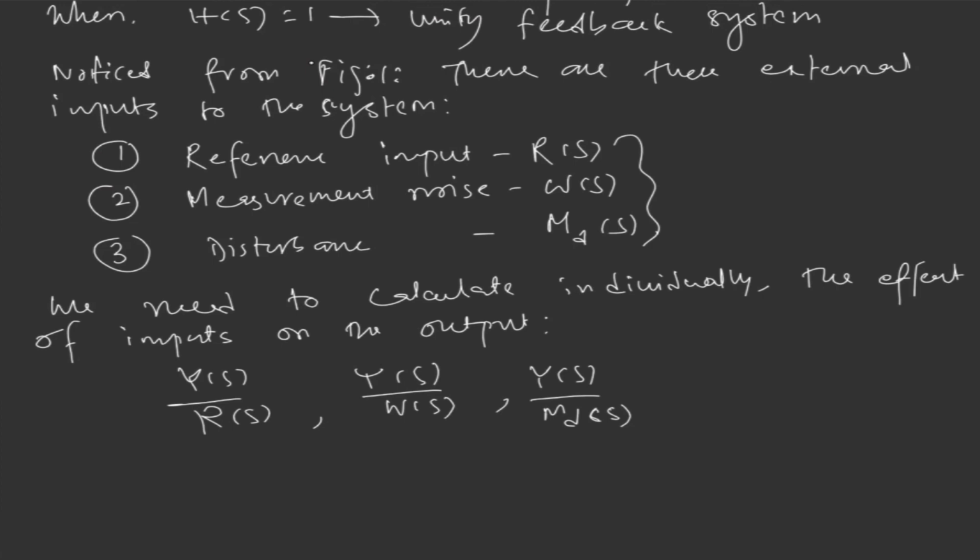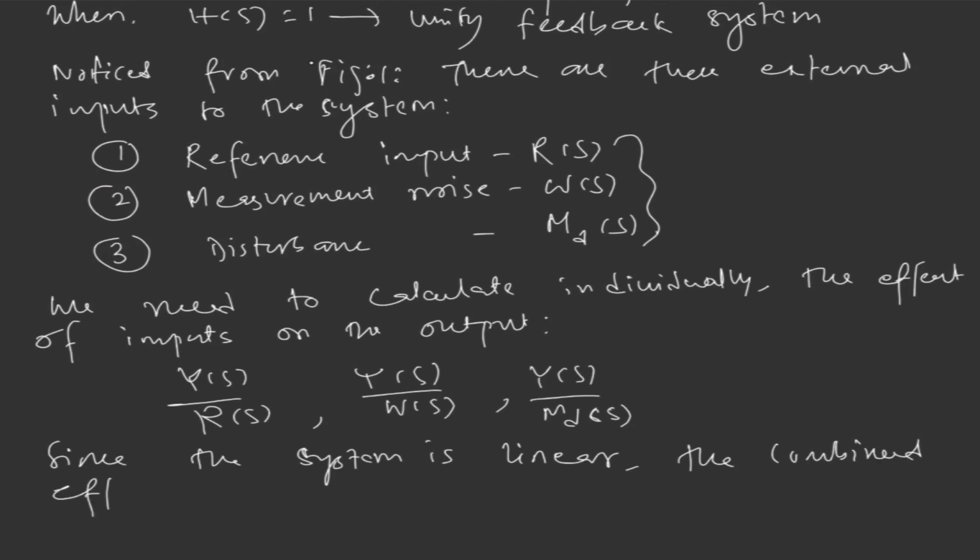And since the system is linear, the combined effect on the output is just the sum of the individual effects.